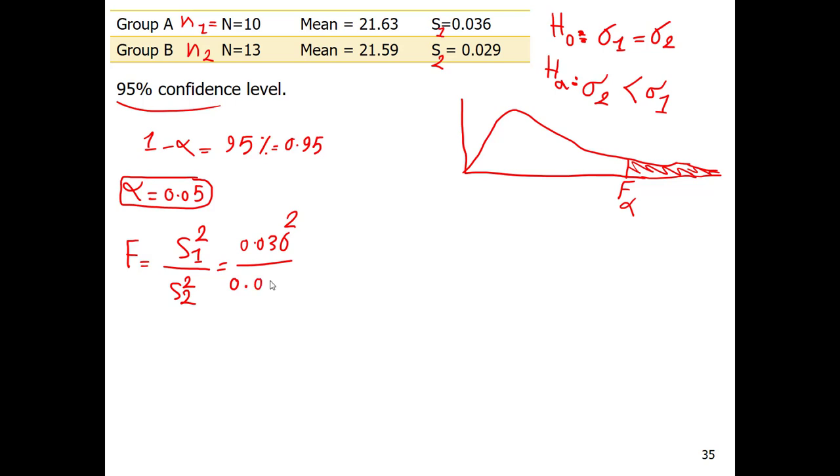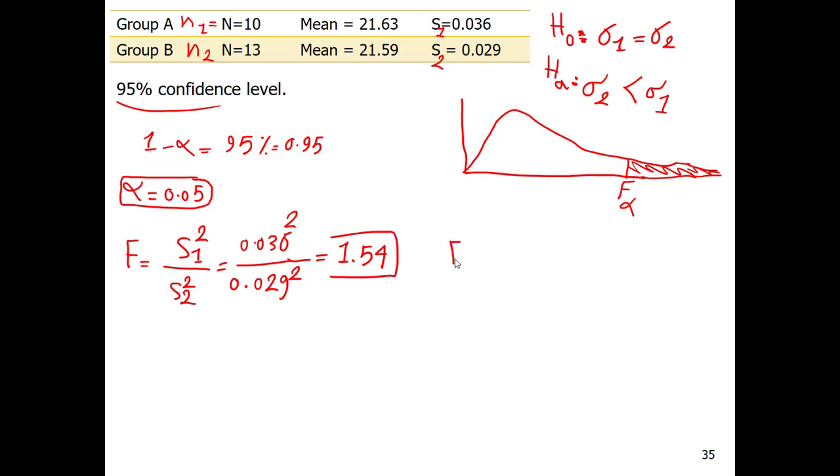S2 is 0.029 power 2. I already calculated this value. That gives us F of 1.54. This is one F that we need.